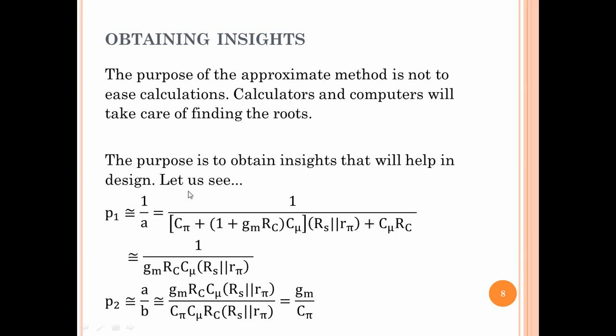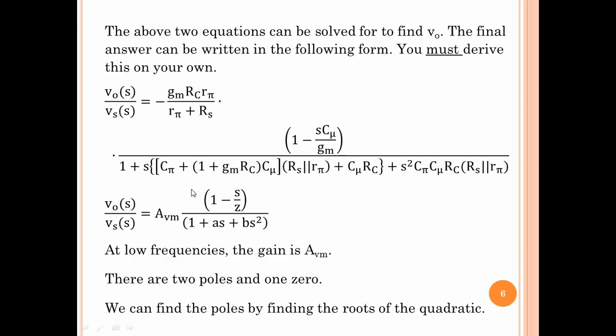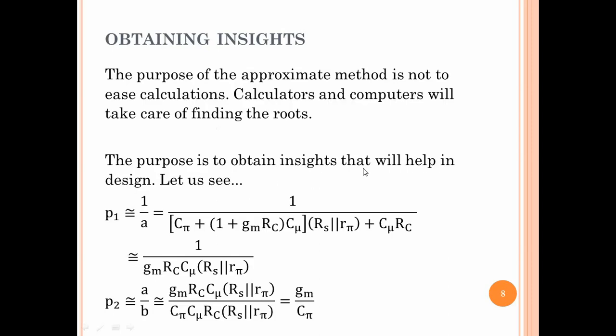So let's write this out. Let's go back to the transfer function, 1 plus s into A. A is this big thing and B is this thing. If we write the poles approximately, P1 is approximately 1 by A, that big thing here.